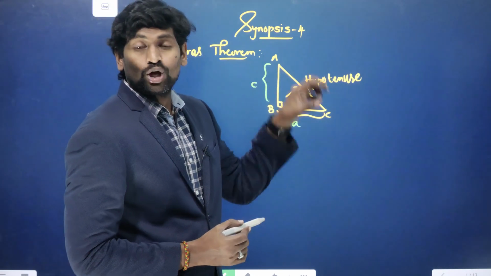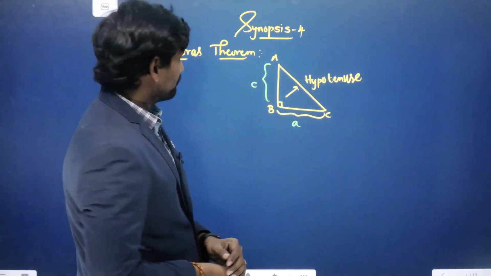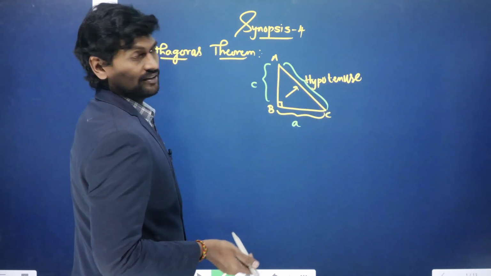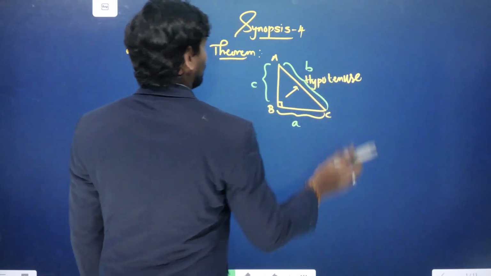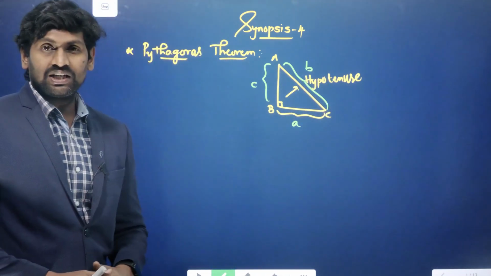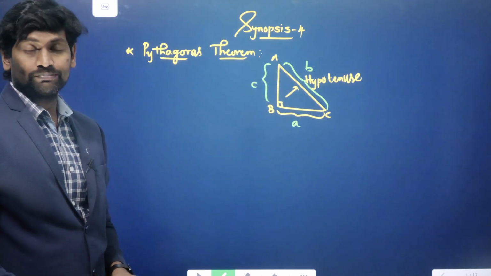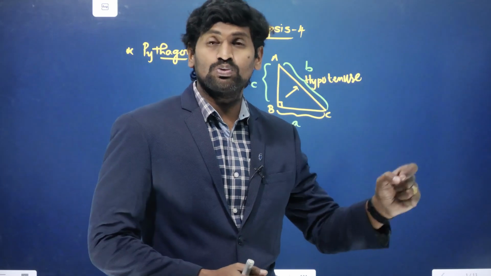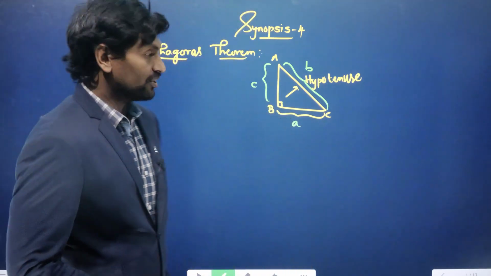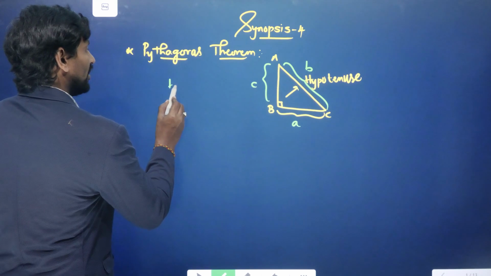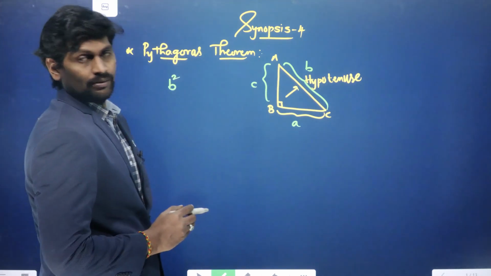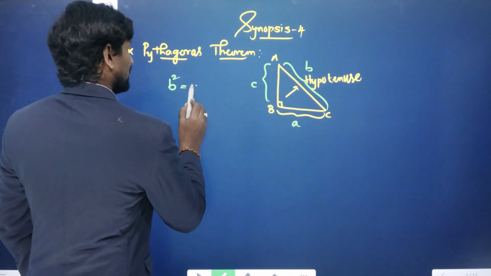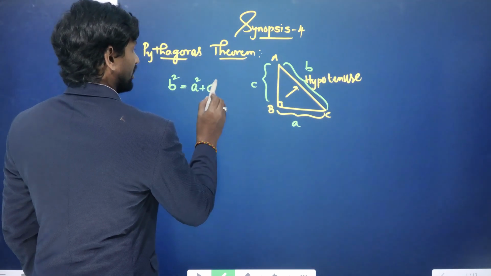That means the length of AB is small c. Now can you say the length of AC? Very good, b. So according to the Pythagoras theorem, in a right angle triangle, the square of the hypotenuse is equal to the sum of the squares of the remaining two sides. That means b square equals a square plus c square.